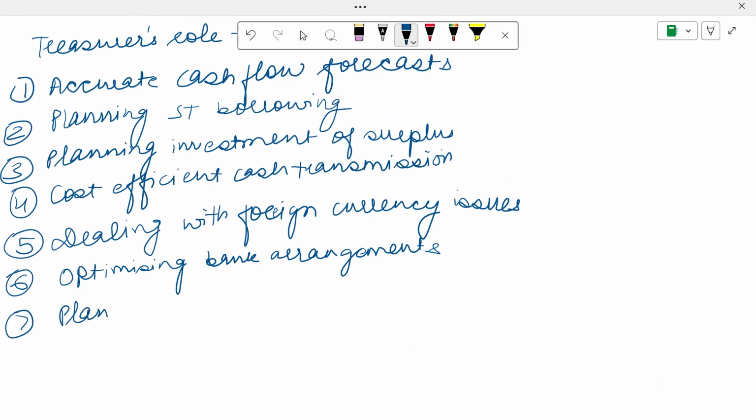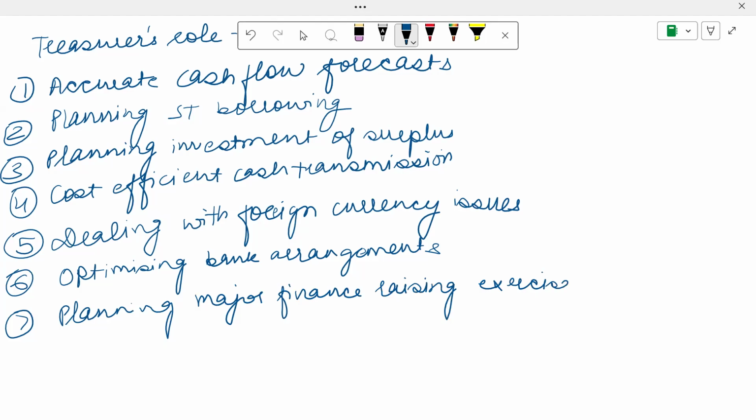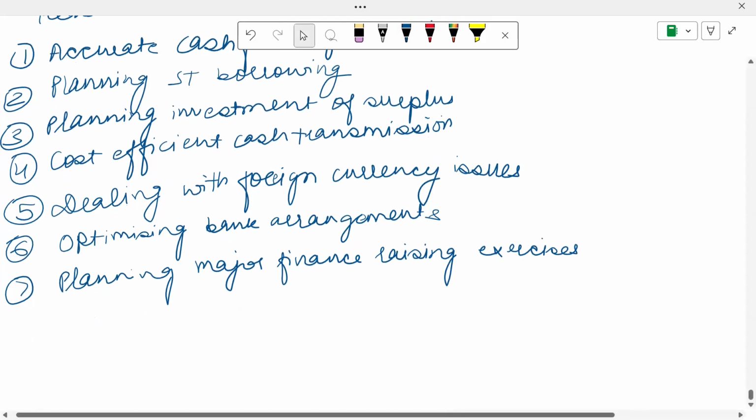Then another function is planning major finance raising exercises. Let's suppose the business needs cash, and we are doing it through maybe a bank loan, could be through issue of equity, could be through preference shares, any source which you are using. So the treasurer is also going to have to plan the finance raising exercises.